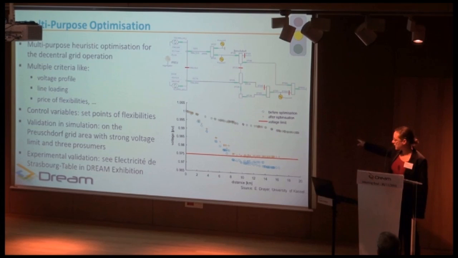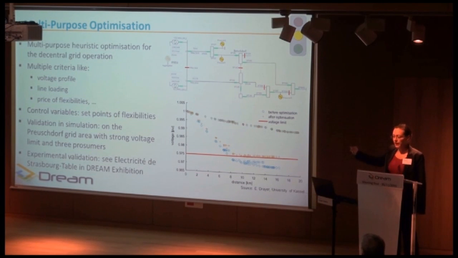You can very clearly see the two feeders, and you see in blue that for one feeder, at a certain point, because the load is so high, the voltage limit is passed, so we have a voltage that's too low. Then with the optimization, by using the prosumers that you see in yellow on the schema, you can bring back the voltage, especially by injecting reactive power, so that the voltage limit is respected again.